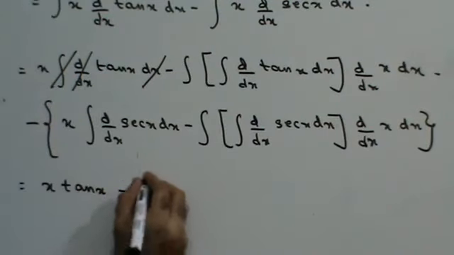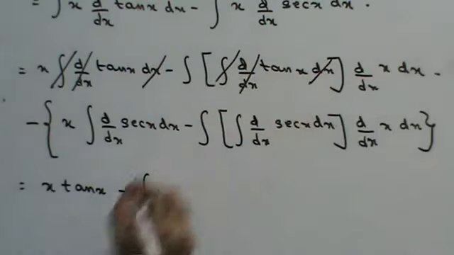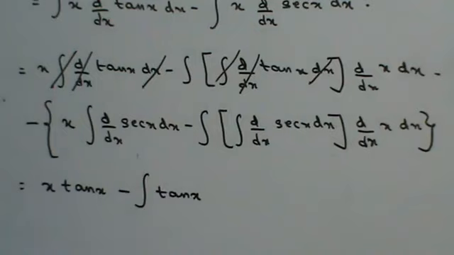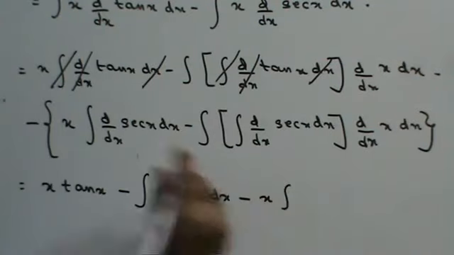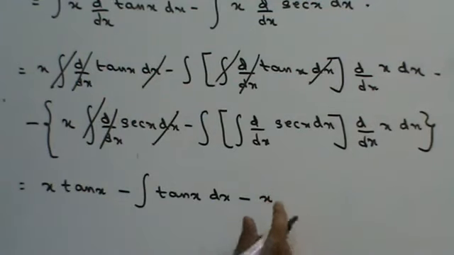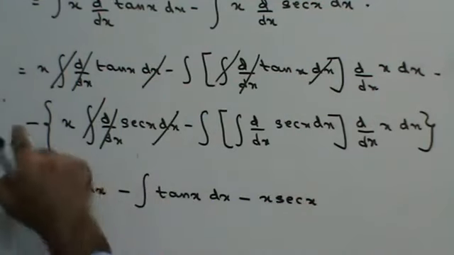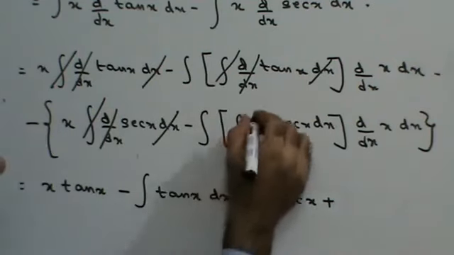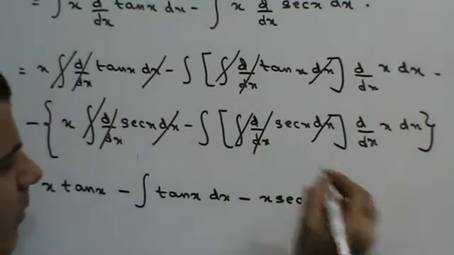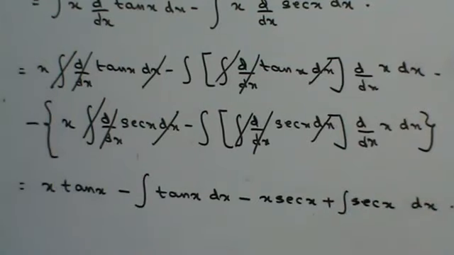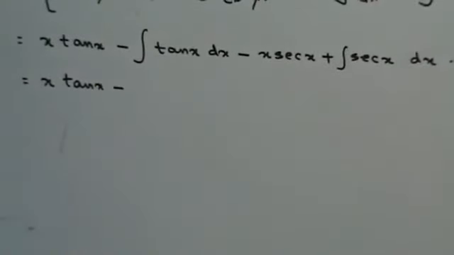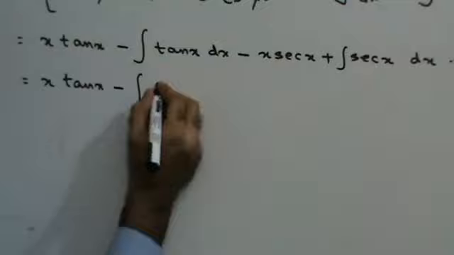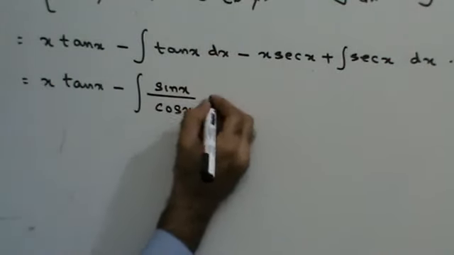So x tan x minus integral of tan x, and d by dx of x is 1 dx, minus x, integration and derivative cancel each other, so this is going to be sec x, minus into minus plus integral of sec x dx, because d by dx of x is 1. x tan x minus integral of tan x, which I showed you in the previous sum, I can write as sin x upon cos x dx.